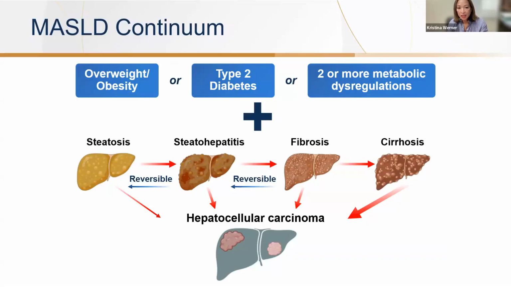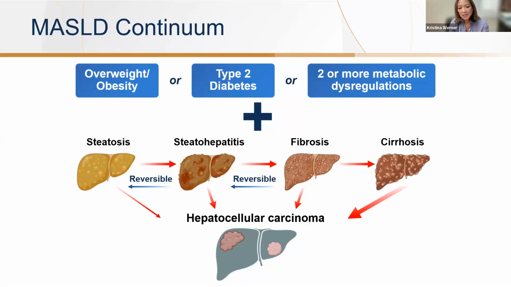Now, the key risk factors are really overweight or obesity, insulin resistance, dyslipidemia, hypertension, and that said, there are lean individuals that may also develop MASLD, so metabolic health matters independently of the weight alone.